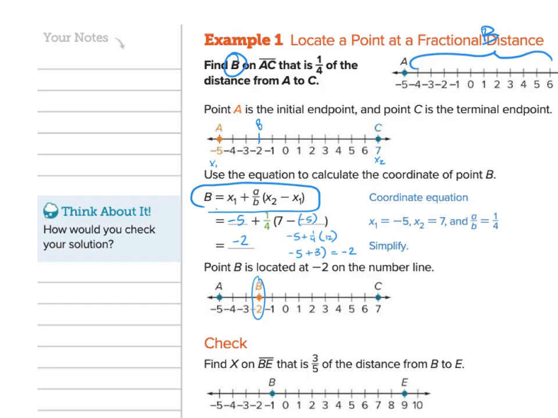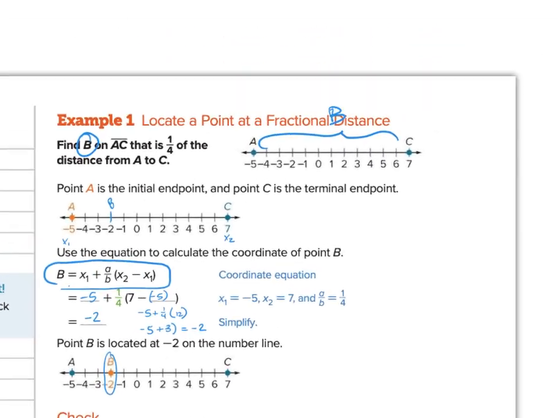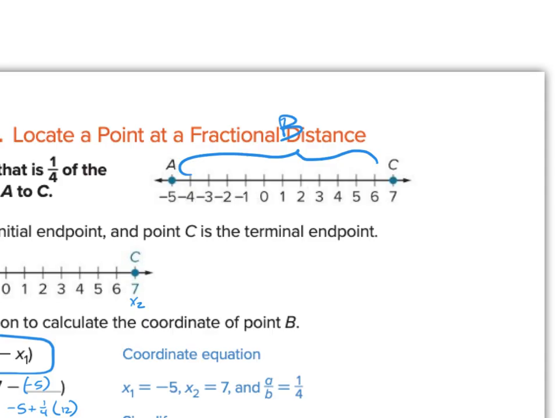Now, some of you, we could have visualized this. We could have said, if I erase this line so we can see it a little bit better, 1/4 of the distance between A and C. Some of you may have said, okay, well, that is 1, 2, 3, 4, 5, 6, 7, 8, 9, 10, 11, 12. The distance between that is 12.